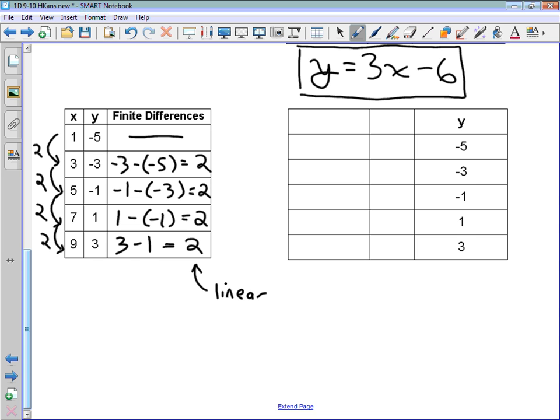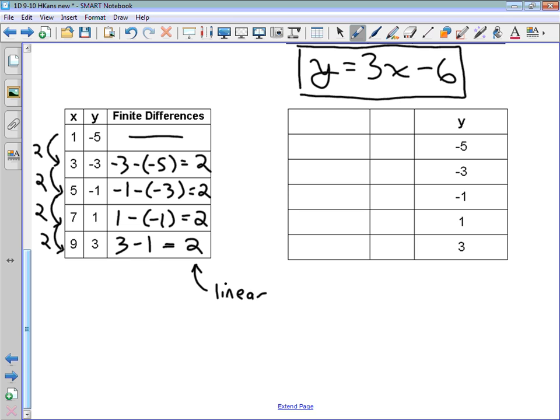What we have to think to ourselves, though, is that the finite difference tells you how much y is going up by each row in your table. We want how much y goes up by when x changes by 1.